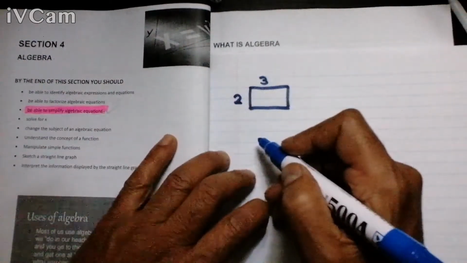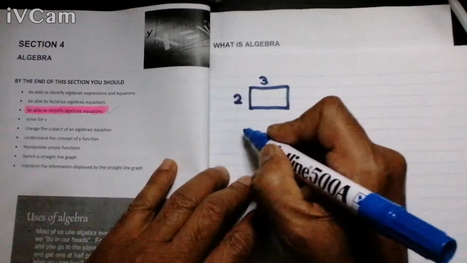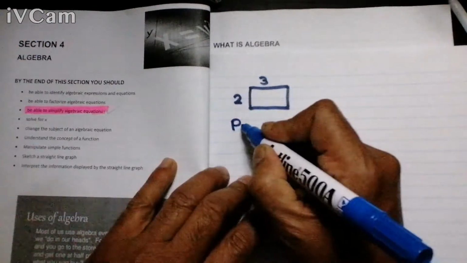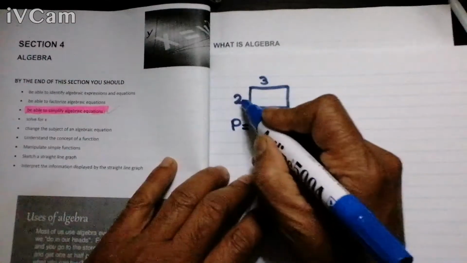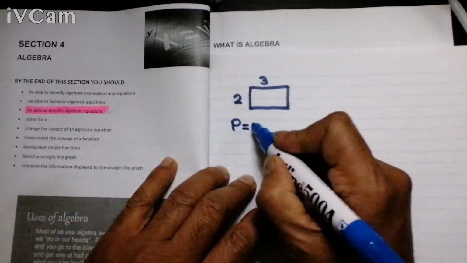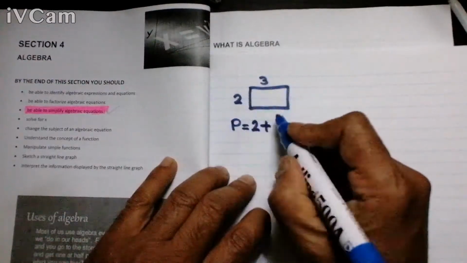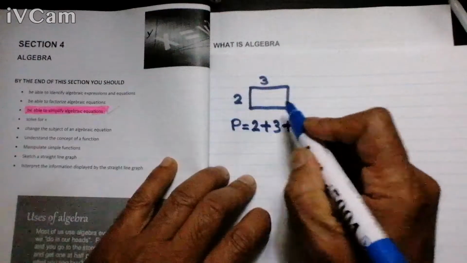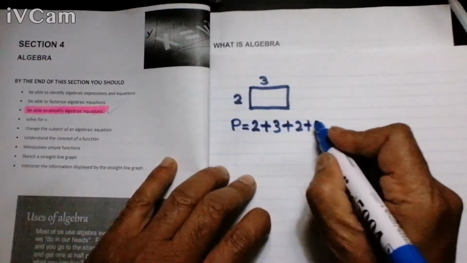So if I had to write an equation, or an expression, for the perimeter of this rectangle, it will be 2, that's the breadth, plus the length, plus 2, the opposite sides of a rectangle are equal, and that's going to be 3.